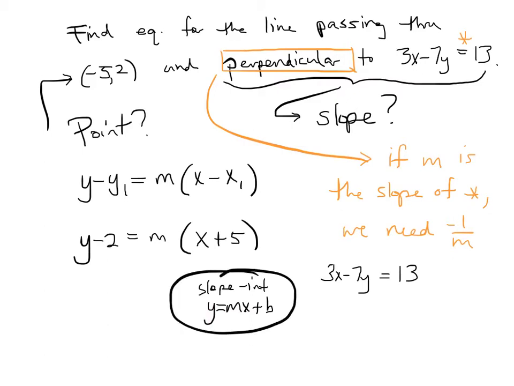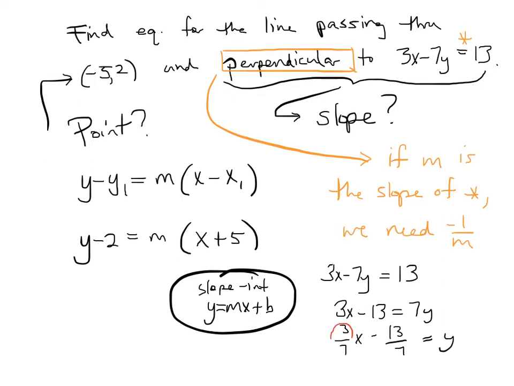So 3x minus 13 is 7y, which gives 3 over 7 x minus 13 over 7. At this point, it doesn't really matter what the intercept is.